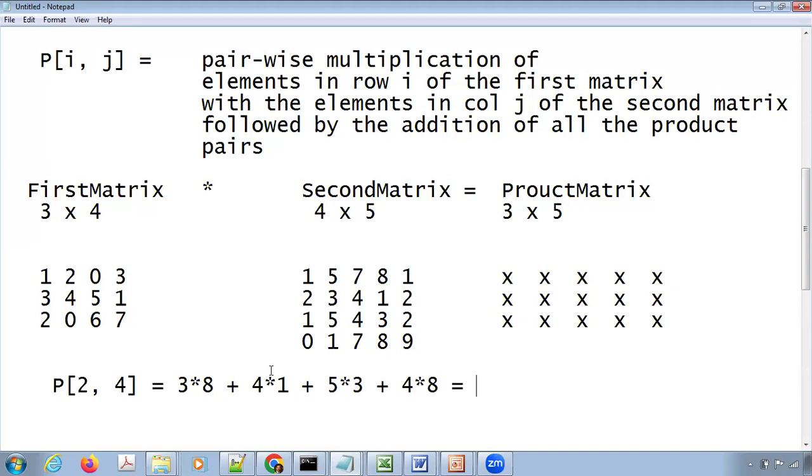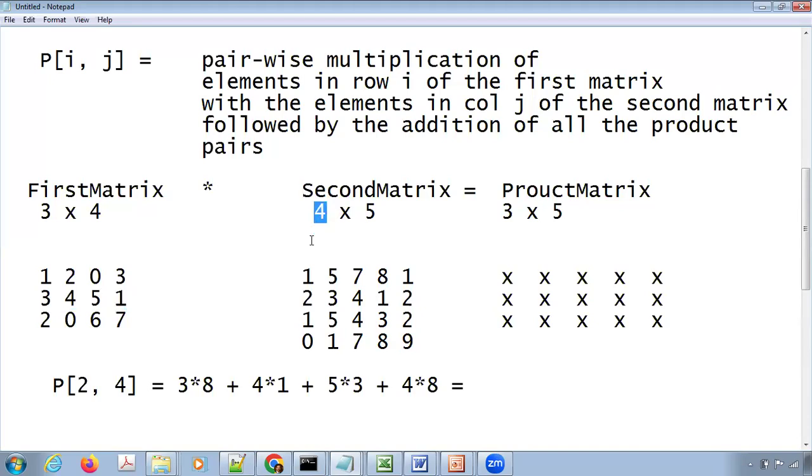Okay, so notice there'll be 4 such product pairs, and the reason why there are 4 such product pairs is because of the common dimension, that is 4. So you see here, this row will have 4 column values, represented by these 4 columns. So that's this row vector, and this column vector that you have here will have 4 rows.